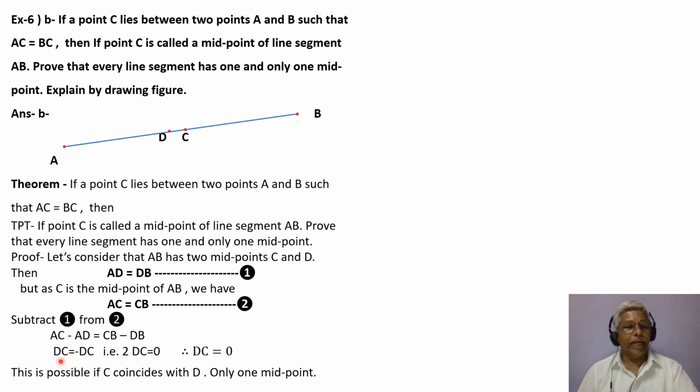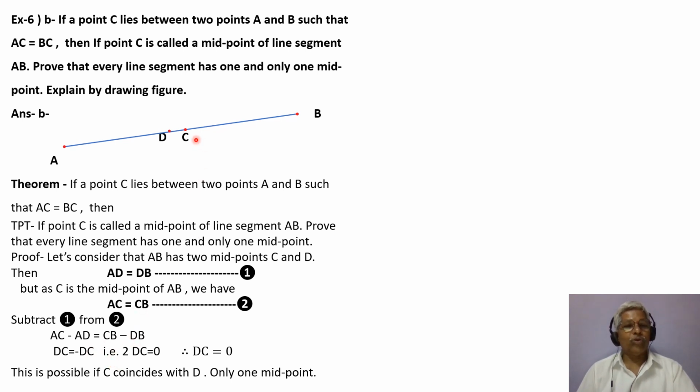Now if you see, AC minus AD is DC. This minus this is DC.